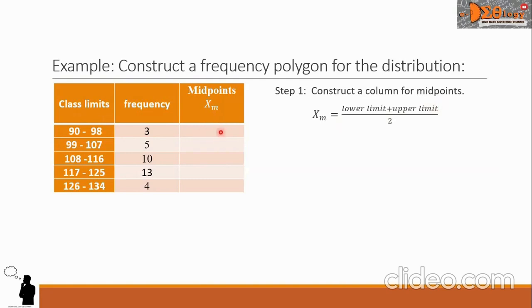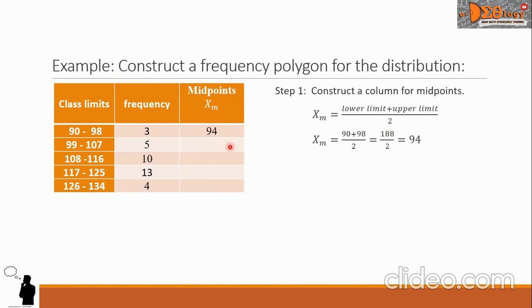So for us to find the value for the first blank, we will write x sub m equals 90 plus 98 divided by 2. The sum of the numerator is 188, and this is now divided by 2. The answer is 94. And this value we will write here.